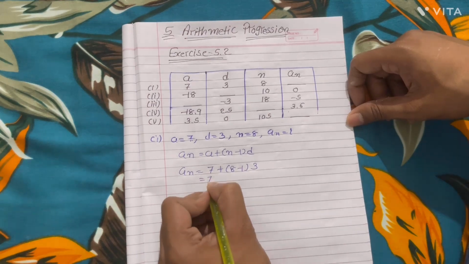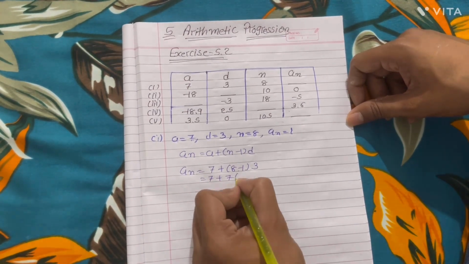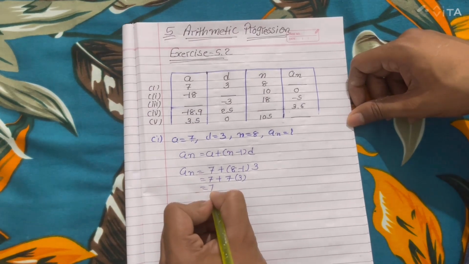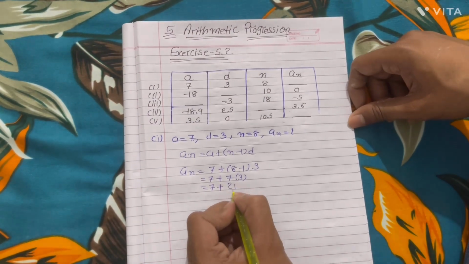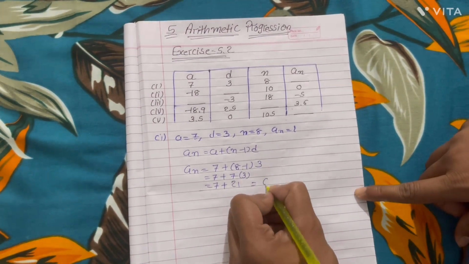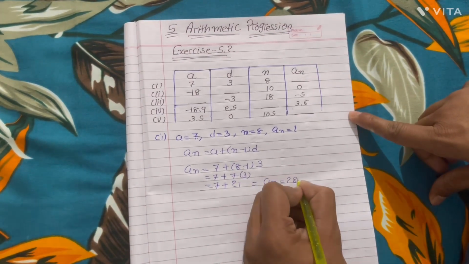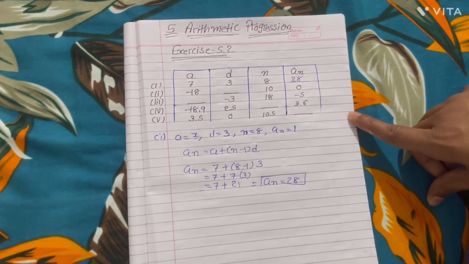So we get 7 plus 7 into 3. 7 threes are 21, 21 plus 7, so we get an is equal to 28.